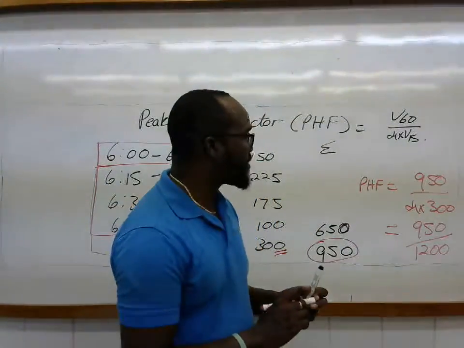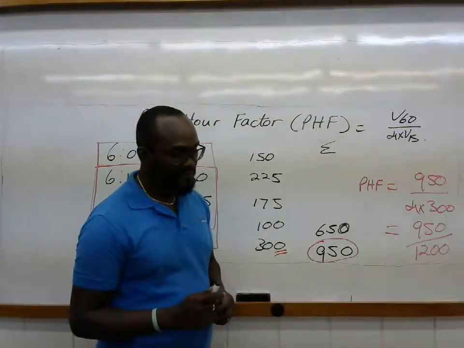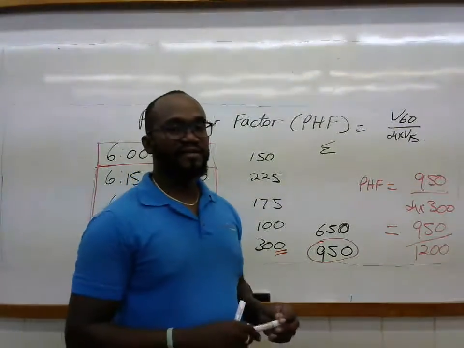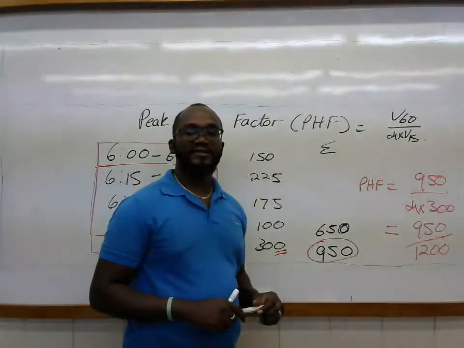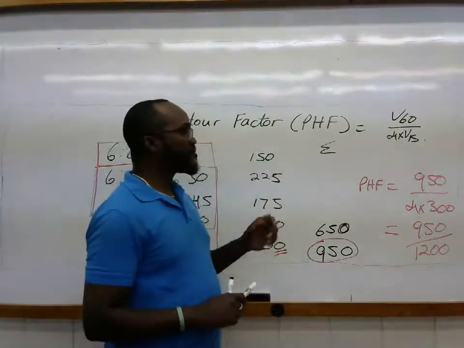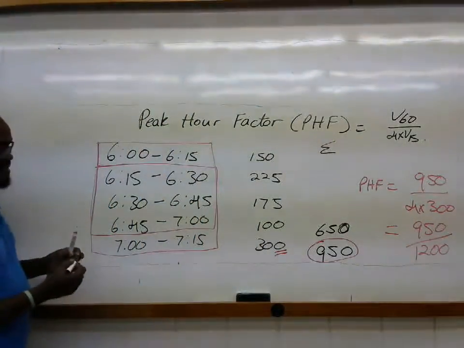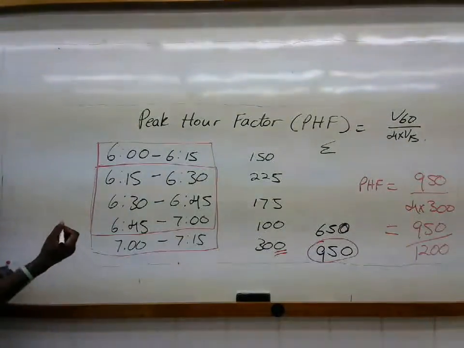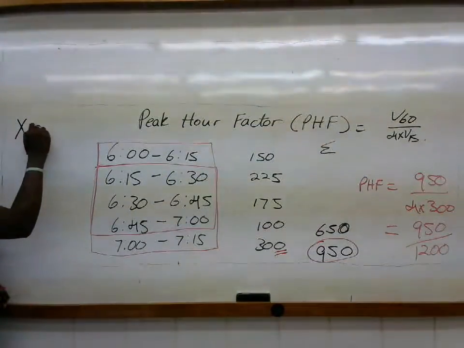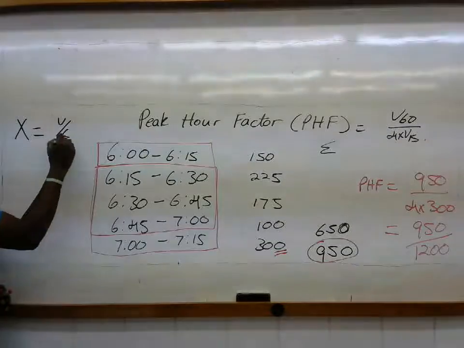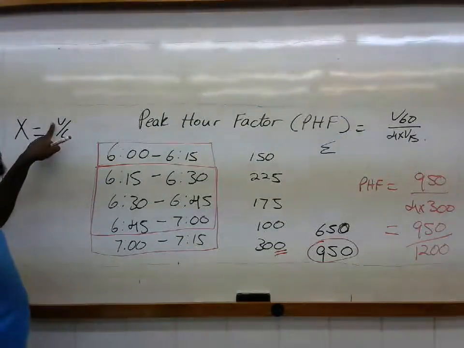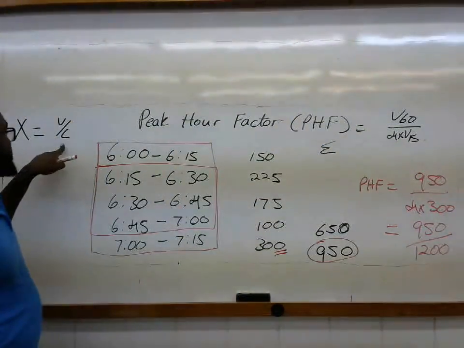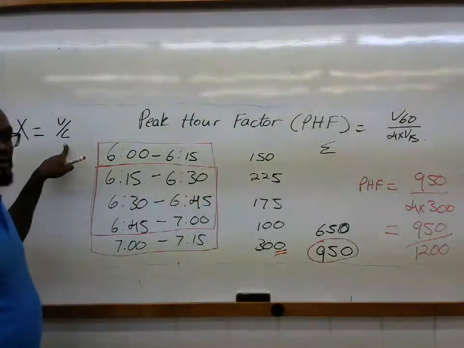Now, why is the peak hour factor important? Well, it is used to determine the theoretical capacity of the approach. Recall, when we were doing the volume to capacity ratio, X would be computed by V upon C. Volume we collect in the field. Capacity, however, how do we determine capacity?